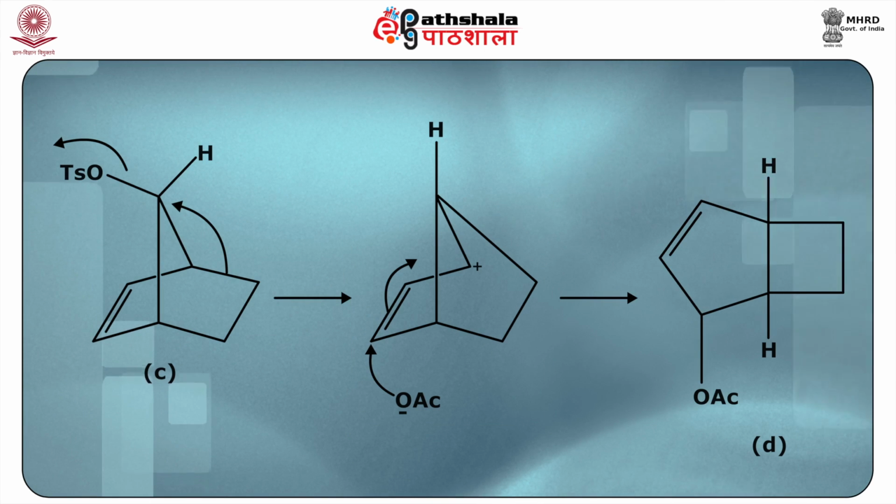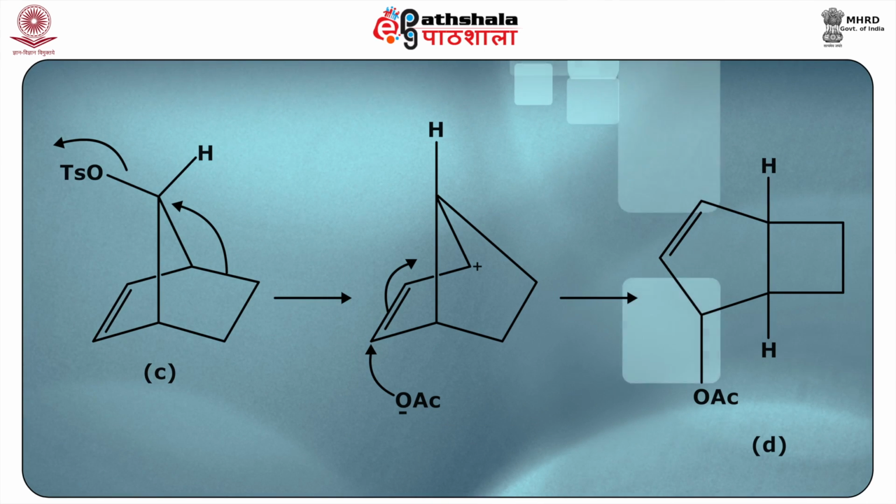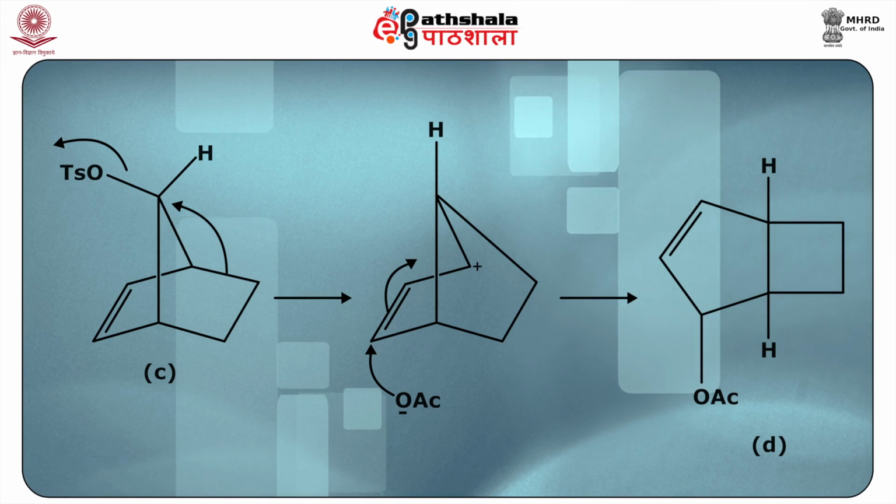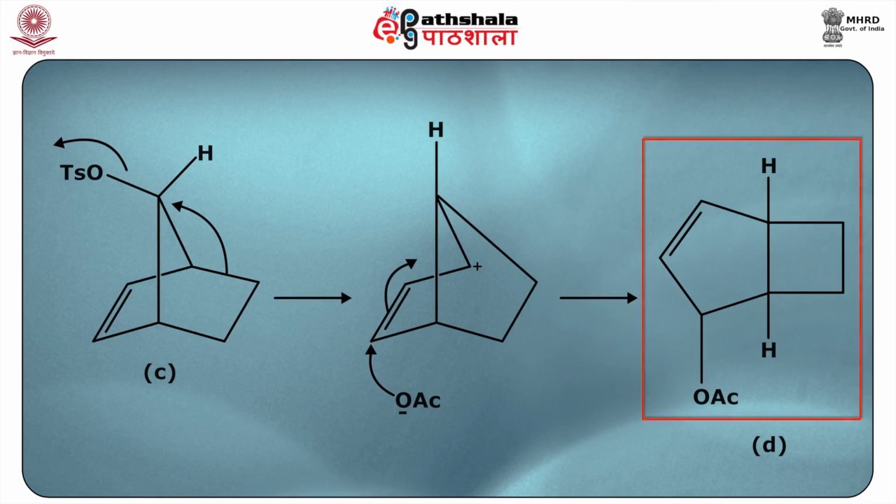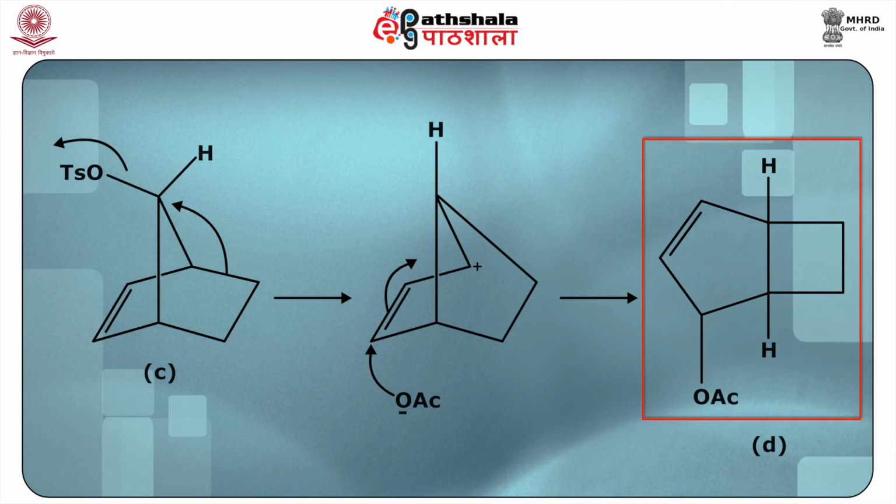And this homoallylic carbocation rearranges to give you an allylic carbocation and ultimately leads to the formation of the bicyclic product D. This reaction is also 10 raised to the power 4 times faster as compared to the reaction of tosylate A. And this faster reaction can be attributed to sigma bond electron participation. It is not the double bond, but the sigma bond electron participation.